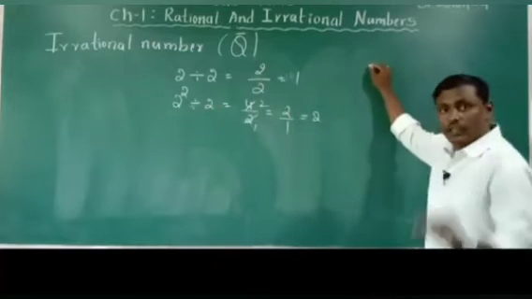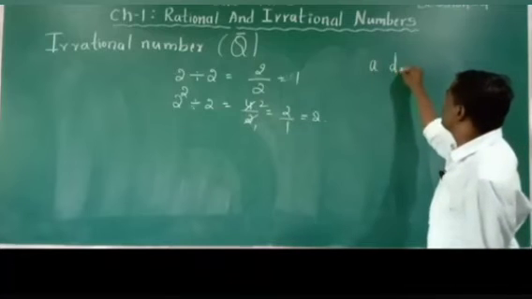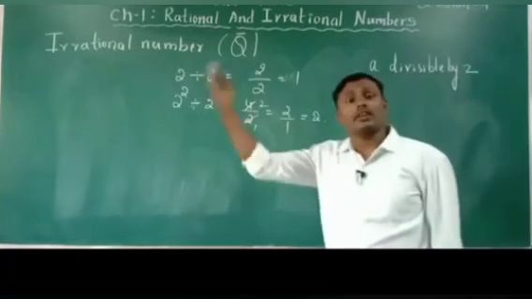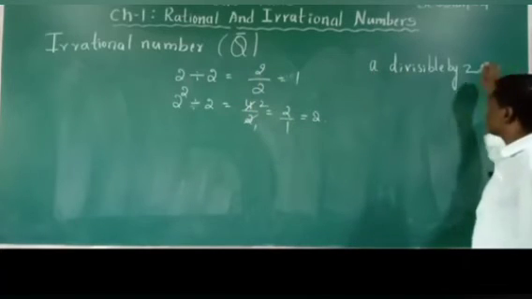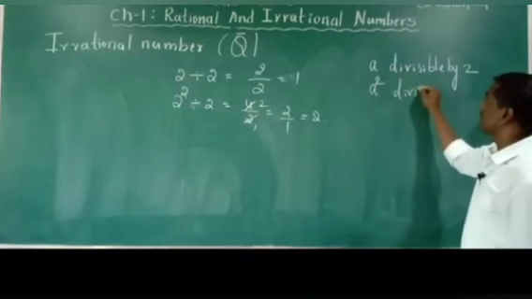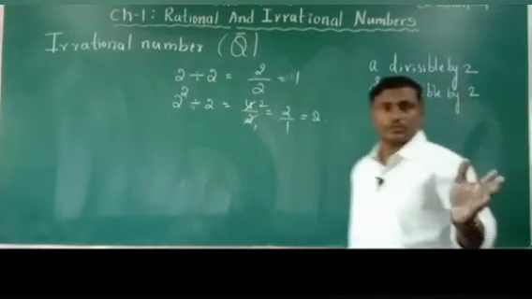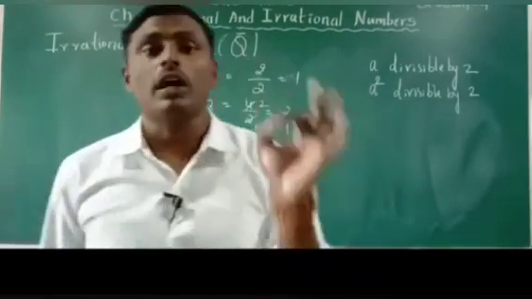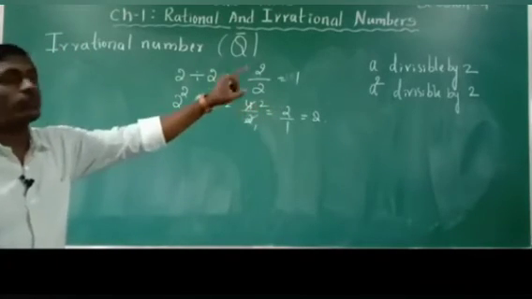So if I consider any number as a, and if a is divisible by 2, or 3, or 5, or 7, or 8, or 11, whatever it may be, if a is divisible by 2, then the square of that number, a square, is also divisible by 2. So these two concepts, the co-prime concept and the divisibility concept, are important to prove the given number is an irrational number.